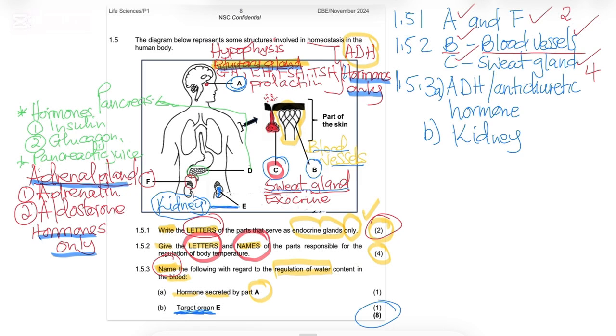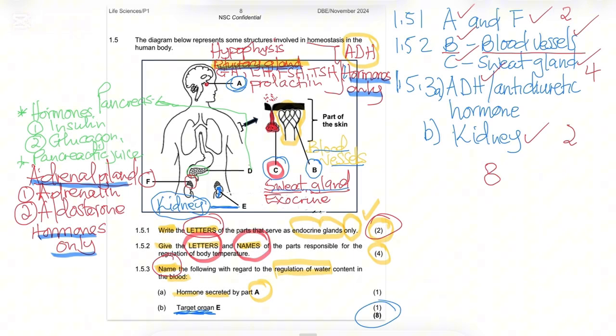It is asking for the name of the hormone. So firstly, they want a hormone for part A, so the tick is there. Part B, they want the name of the target organ E, which is kidney, and that gives us 2 marks for this question. And in total, we're getting 8 marks.